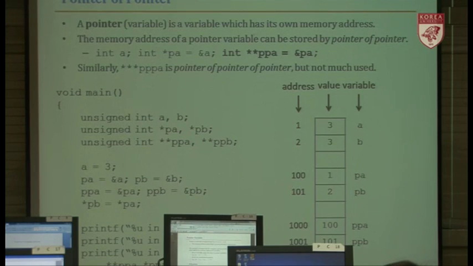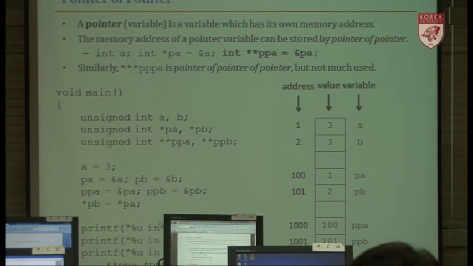Then here, if we print with percent U the star PA and PA, what is going to be printed out by this one? Star PA means the value in the memory of which address is PA.